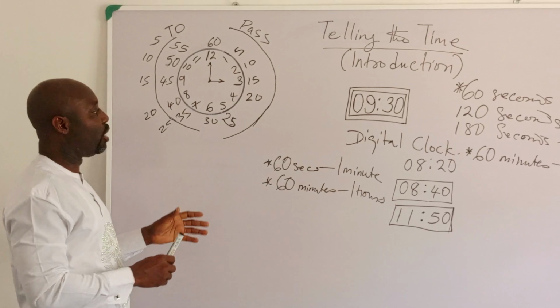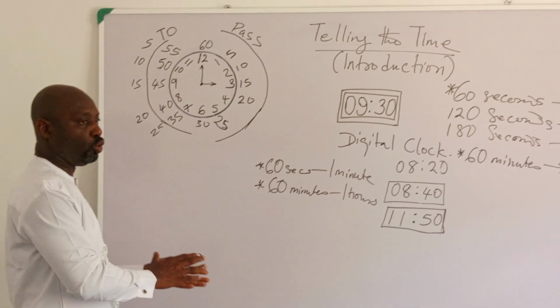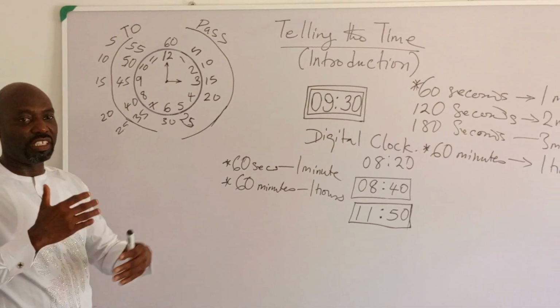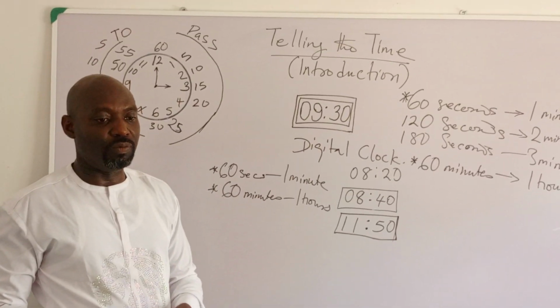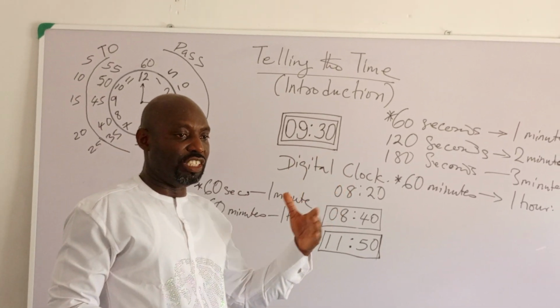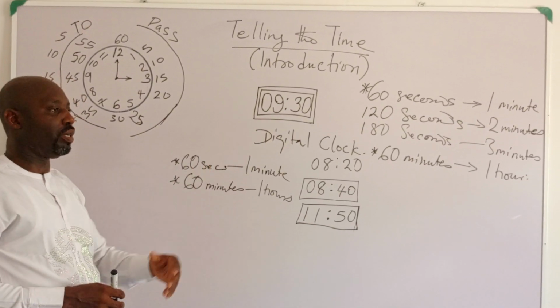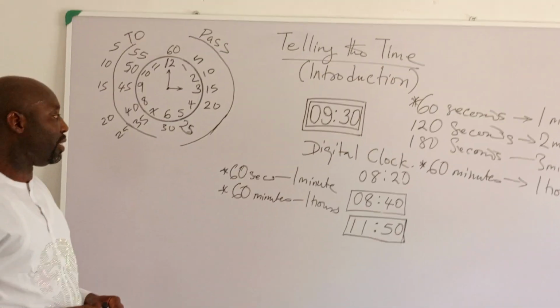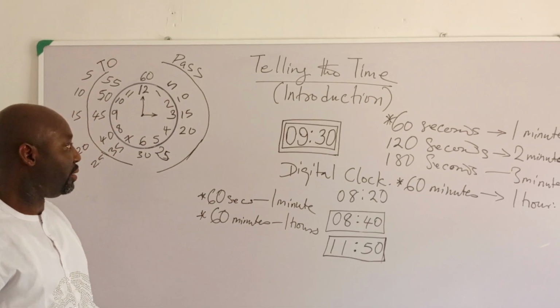Then after that, we go to past, learn how to do that, then we go to 'to', taking it one after the other. After this video, if it is getting too lengthy, you can cut it and have subsequent videos for subsequent lessons so that you all understand.